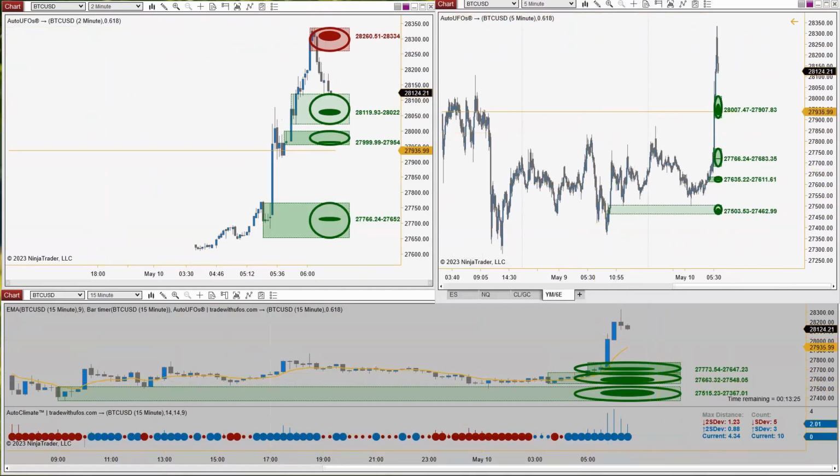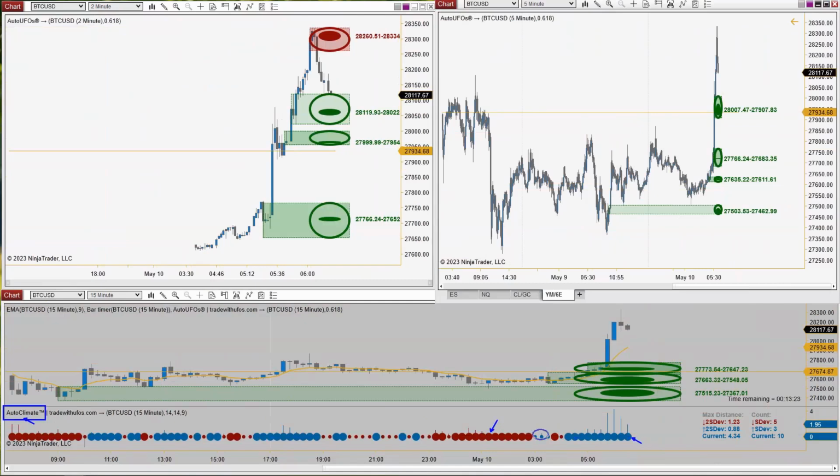So utilizing this software, I can tell you right now, this is definitely an up climate, which you see right here, auto climate, which I feel like is a much cleaner term than trend. The climate is up or down, or it's unconfirmed. Those are the three options that you have. It is down when we have a thick ruby dot. It is an up climate when we have a thick sapphire dot.